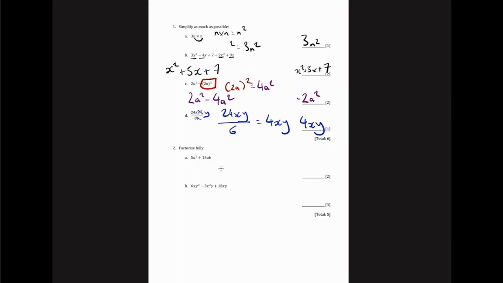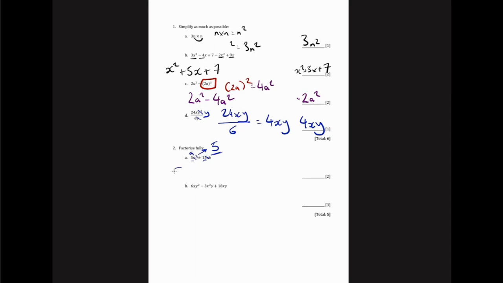Factorization. If you've seen our videos, factorization is where we need to put something into brackets. So again, we need to find a common. What can we divide 15 by that we can divide 5 by? Well, the highest common factor is 5. And they both have a, so we can take out a.